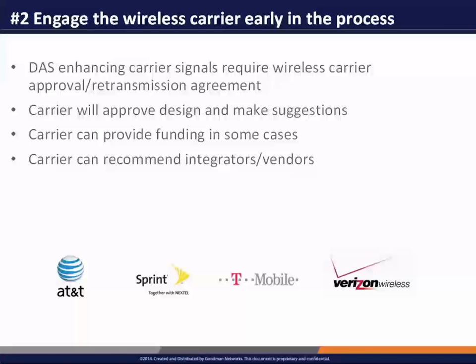At the same time, because the carriers are deploying so many in-building systems, they can make suggestions as to who to go to with regard to an integrator or a particular OEM. They're going to be looking at the design very closely, and they'll approve that and make suggestions with regard to the RF design and really what's needed to support the carrier now and into the future.